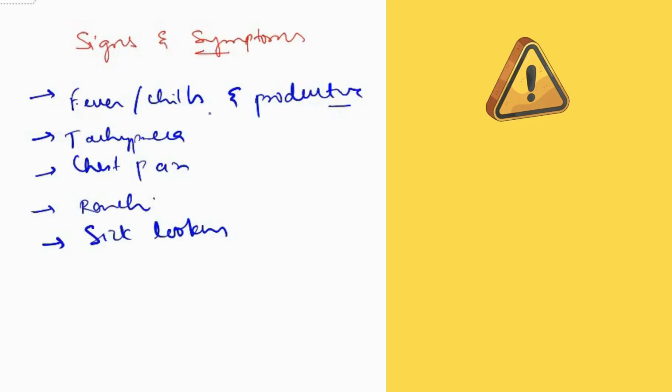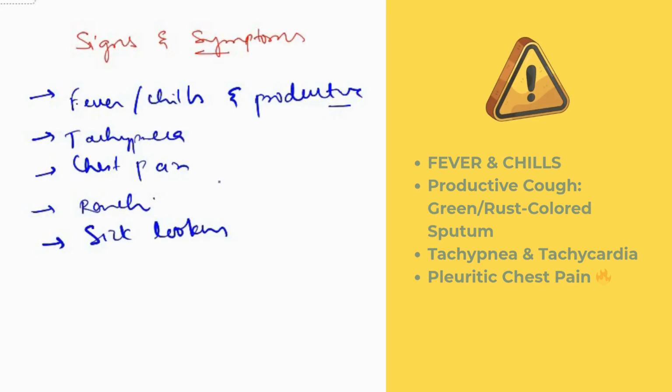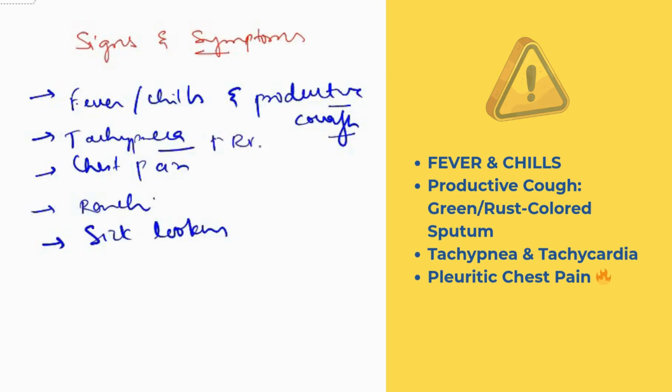These are some common signs and symptoms of pneumonia and bronchopneumonia. Fever, chills and productive cough will be there. Tachypnea, increased respiratory rate will be there. Chest pain will be there, that means chest discomfort will be there. Bronchi will be there and child looks sick.